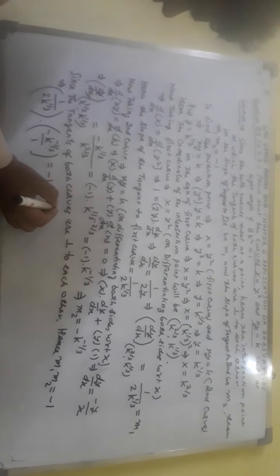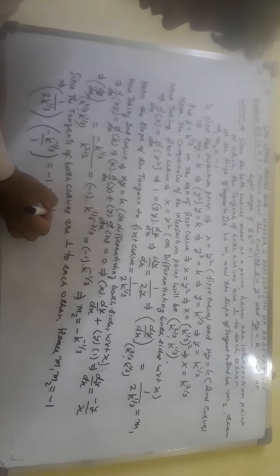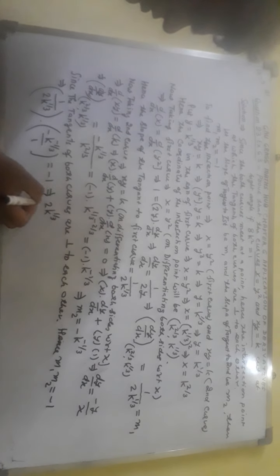Here write 2k raised to the power 1/3, multiplied to 2k raised to the power 1/3, and this comes out to be 8.